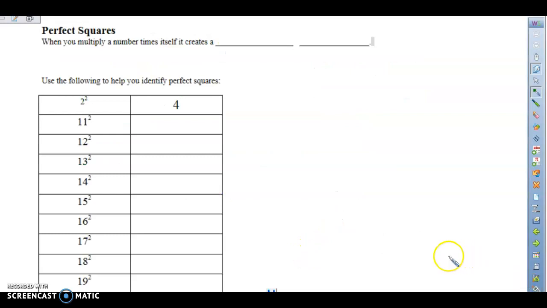All right, so when you multiply a number times itself, it creates a perfect square.